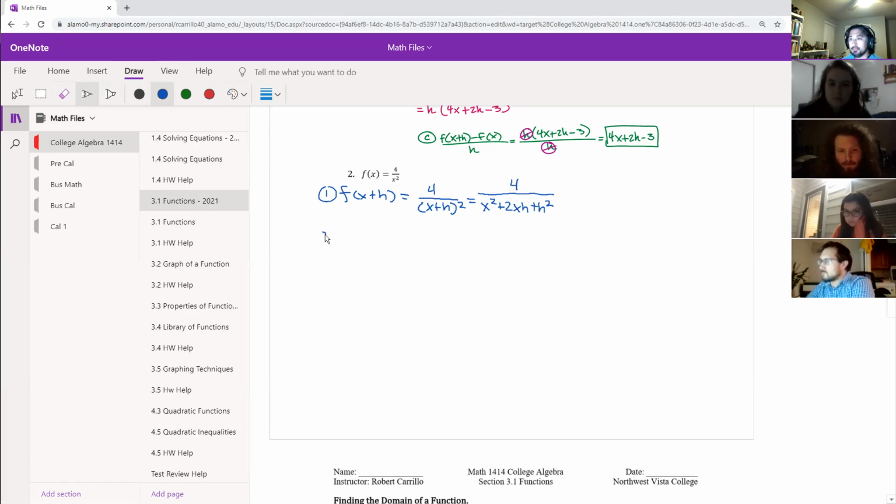All right. Number 2, we have f of x plus h minus f of x. So we'll have x squared plus 2xh plus h squared divided by 4 minus, in parentheses, 4 over x squared.